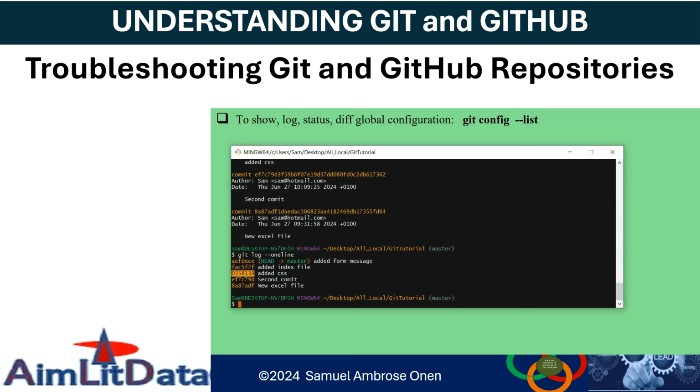To do that, we need what is called git diff. You just type git diff, for example, and then you enter the commit ID.